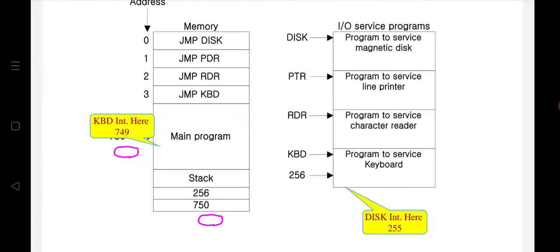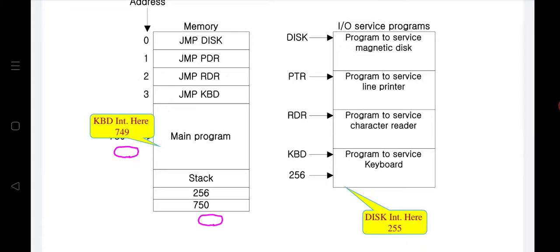Then it reads the address 256 of your IO service subroutine program, goes to the IO service program at memory address 256, and executes the program.